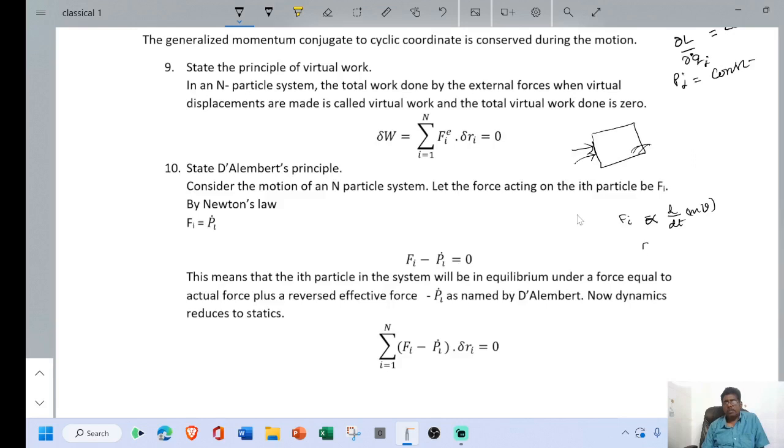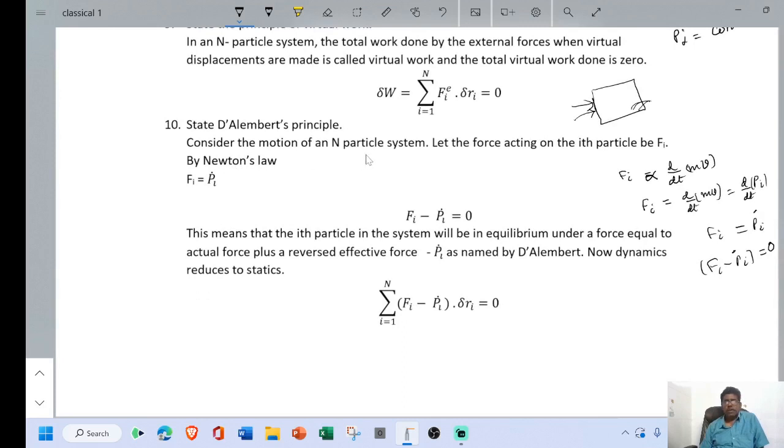To remove the proportionality sign, you have to introduce a constant. Such a constant value is 1. So F is equal to d by dt of mv. This is equal to d by dt of pi, the momentum of the ith particle. The rate of change of momentum of the ith particle is pi dot. Therefore, Fi equals pi dot. Then Fi minus pi dot equals 0.